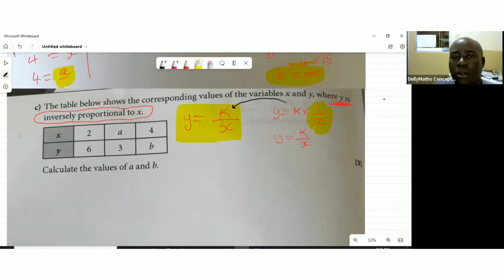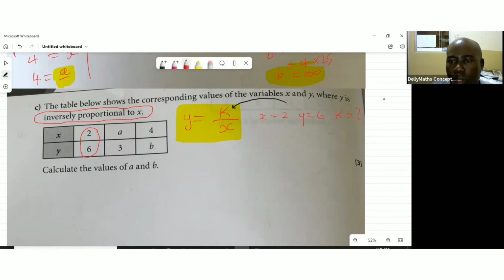So we could take back this piece right here and then try to solve some problems. Again, the situation occurs when x was 2, y was 6. So we could write down that when x is equal to 2, y was equal to 6. K, the constant, we don't know. Now, we are going to substitute 2 and 6 where x and y are to find k.